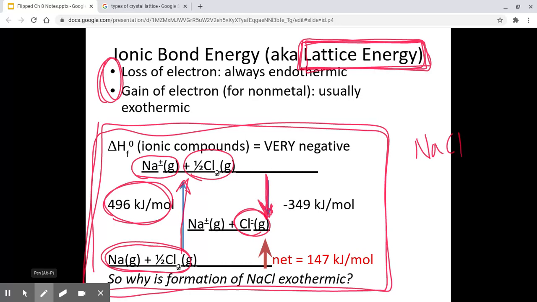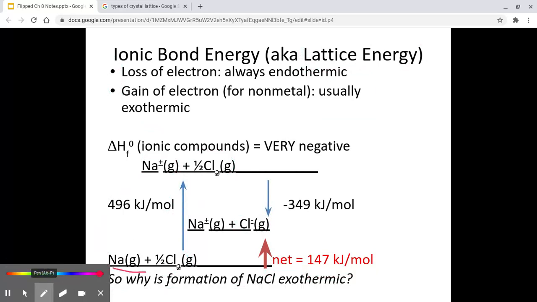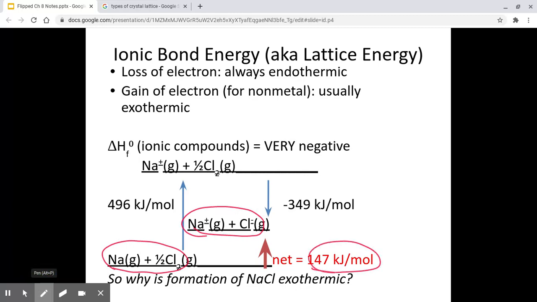So that's usually exothermic. But notice that there's still this net change of 147 kilojoules per mole. So at this point in time, when we take elemental sodium and chlorine, and we ionize both of them, that is an endothermic process. But the formation of NaCl salt is actually extremely exothermic.